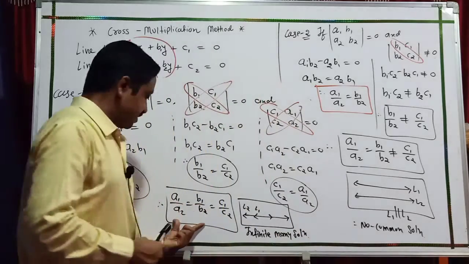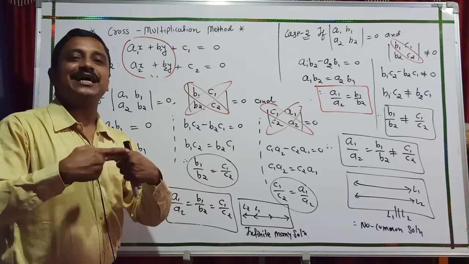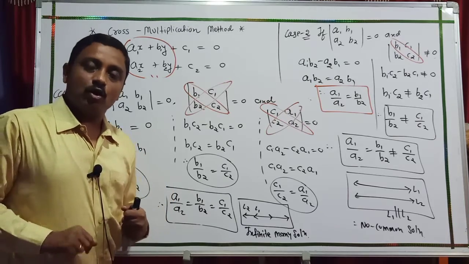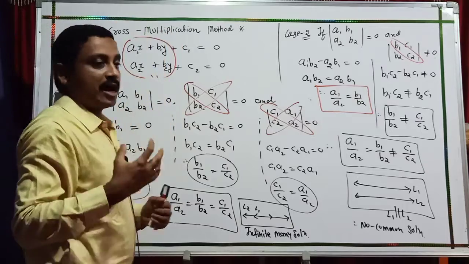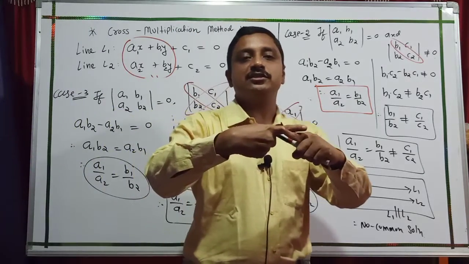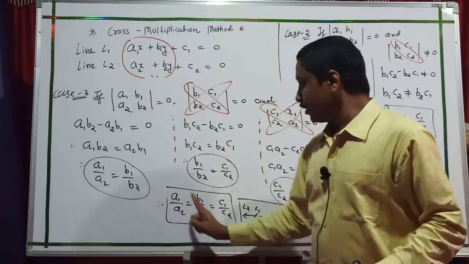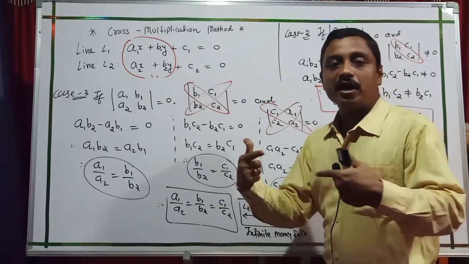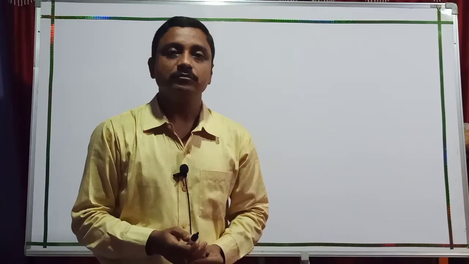Here are the third conditions for infinitely many solutions, that is coincident lines. Clear? Only and only three cases are available for any two linear equations given. Either they have a unique intersection, or they are parallel, or they have infinitely many solutions. It means they are totally joined to each other, coincident lines, students.